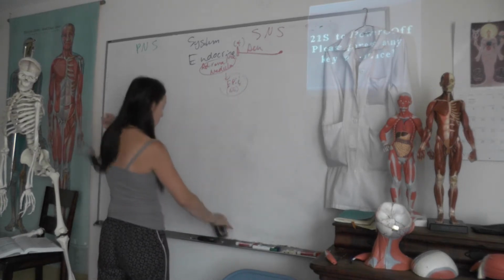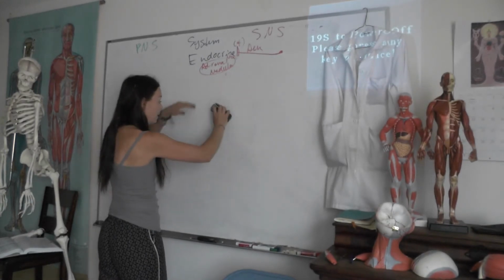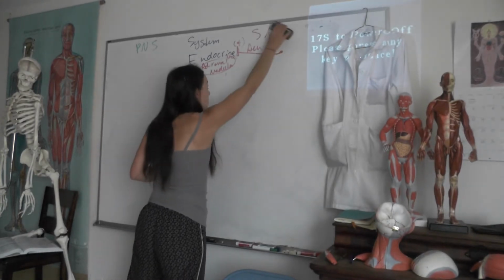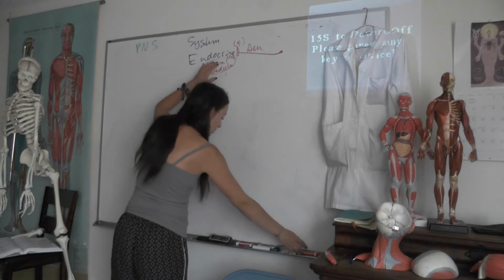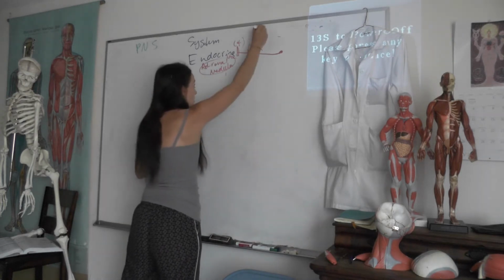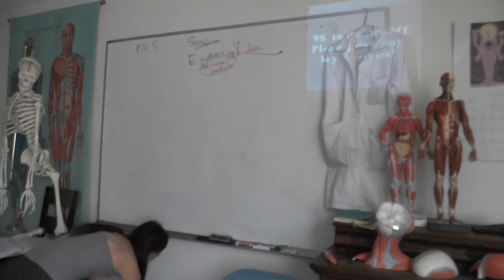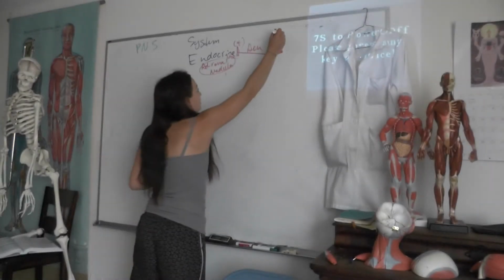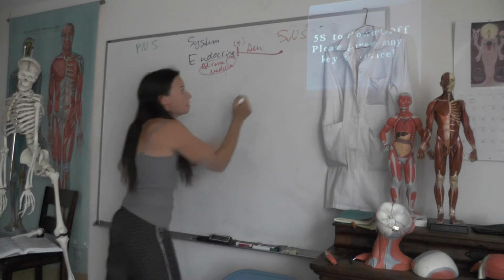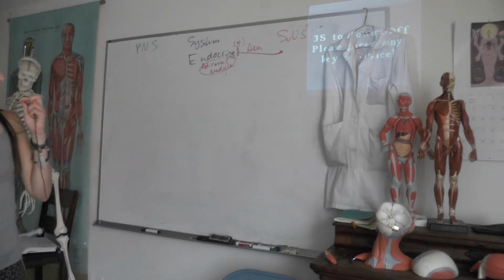So maybe we'll just go with pink for that, and I'll say my sympathetic nervous system we'll do in orange. My sympathetic nervous system is using norepinephrine at the targets primarily.